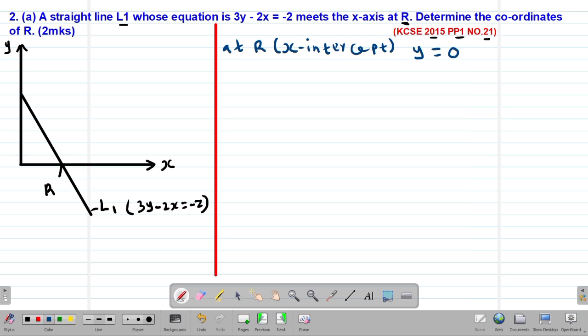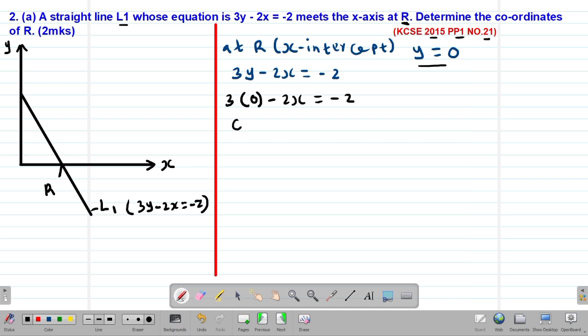Therefore, substituting y equals 0 in the equation for the line L1, which was 3y minus 2x equivalent to negative 2, I'll have 3 into bracket 0, since my coordinate of y along the x-axis is 0, then minus 2x equals negative 2.